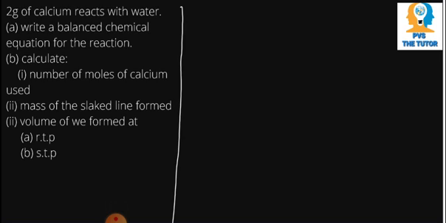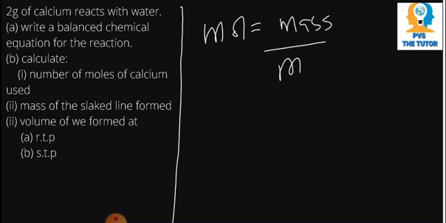So before we go any further, we need to remind ourselves that number of moles in any given compound or element is equal to mass over molar mass of that compound.